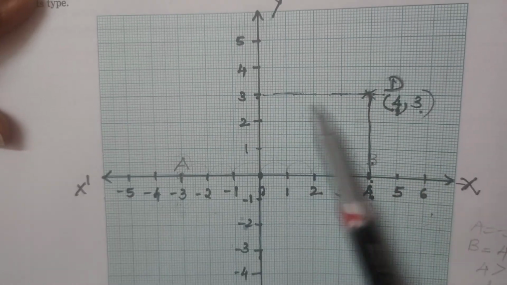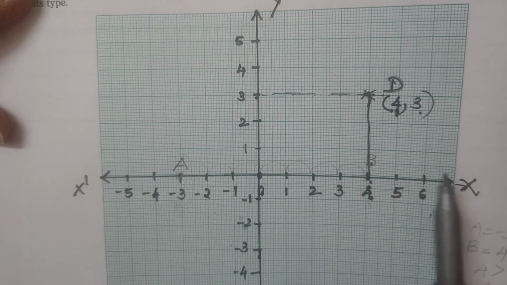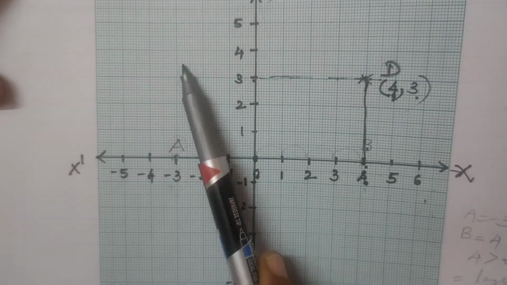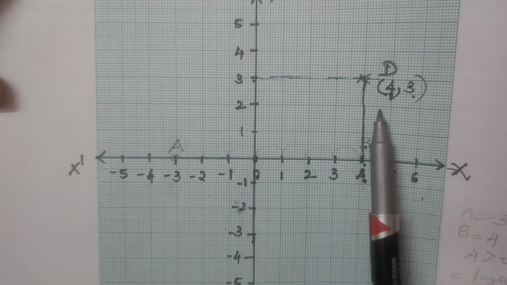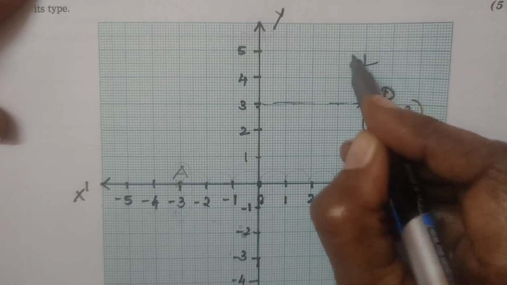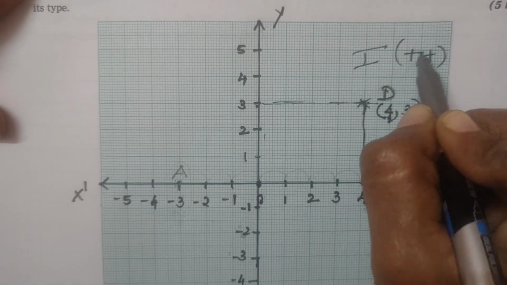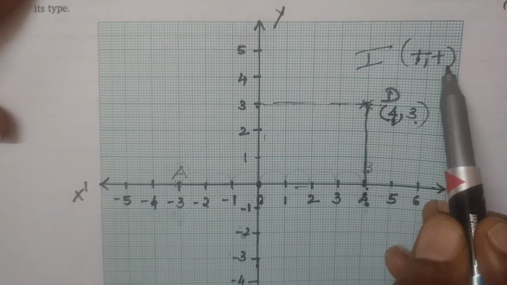As we have used the x-axis and the y-axis, this plane has been divided into 4 equal parts or not? Yes, 1, 2, 3, 4 parts here. 4 parts. So this is said to be a what, quadrant? This is said to be the first quadrant where we always have plus plus. What does this plus plus say? That means x is plus, y is also plus.